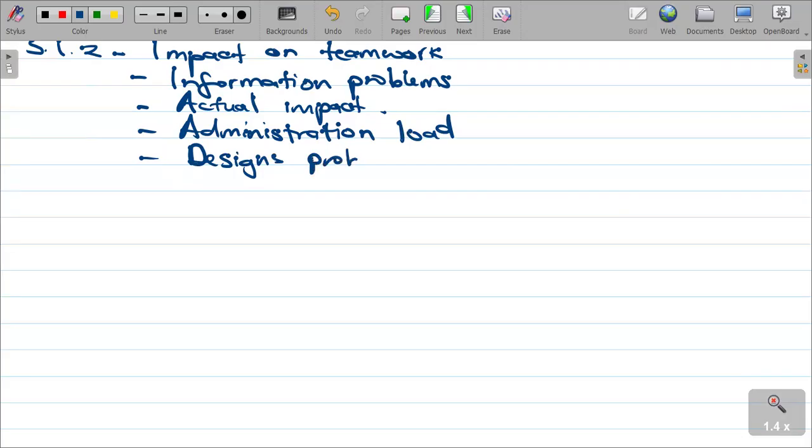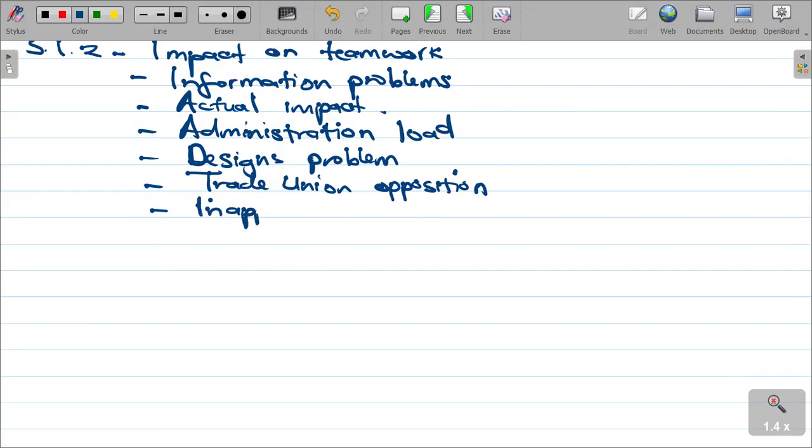Trade union opposes this type of appraisal. And also inappropriate standards are set.